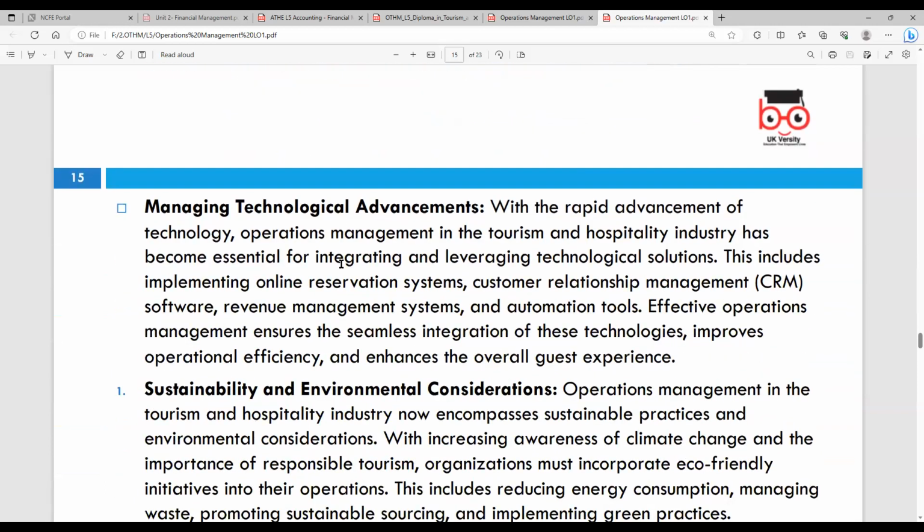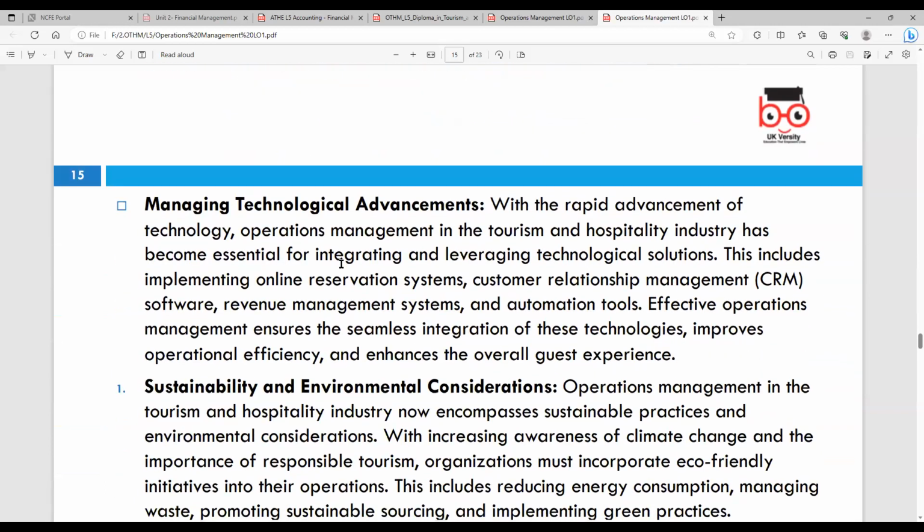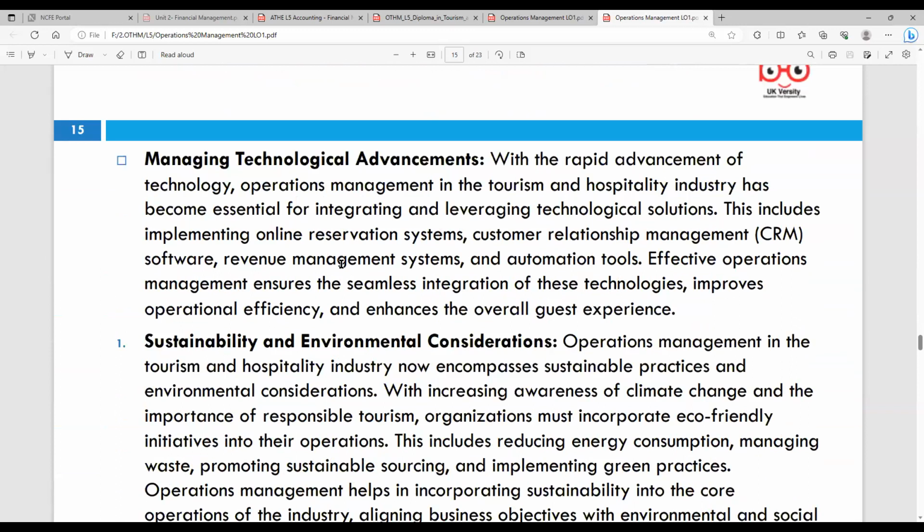Okay, because of technological advancement, we want to make sure of the use of technology, for example different models that can be used to implement online systems, or computerized methods of controlling resources, like CRM, customer relationship management, total quality management, or online reservation systems.